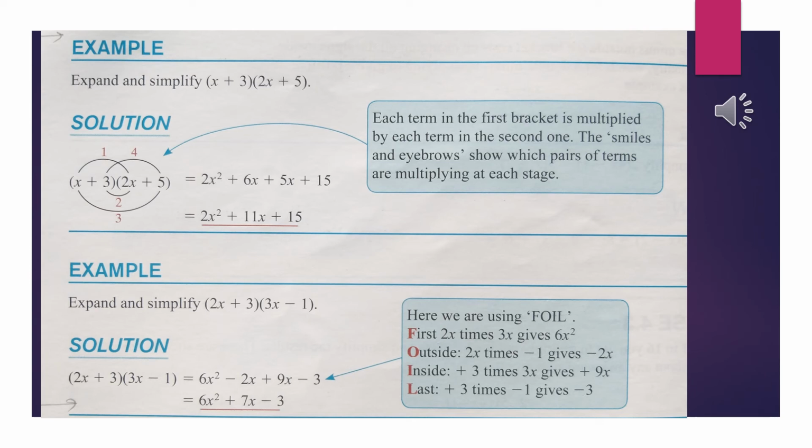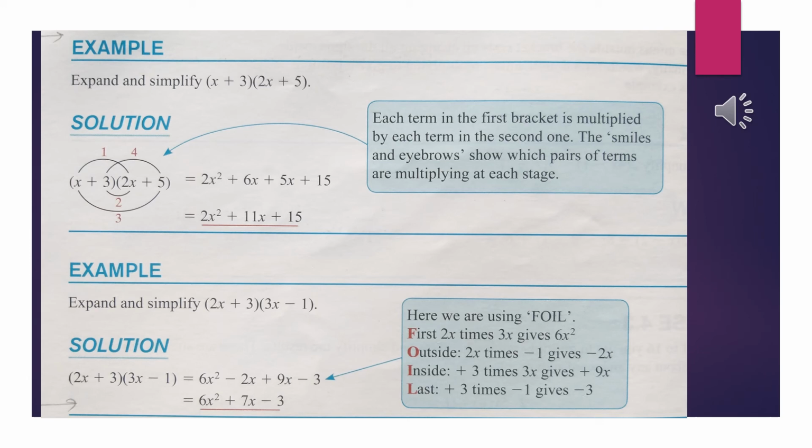Then the second example, (2x plus 3) into (3x minus 1). Solution: here we are using the FOIL method, which means first, 2x multiplied by 3x gives 6x squared. Then outside, 2x times minus 1 comes to minus 2x.